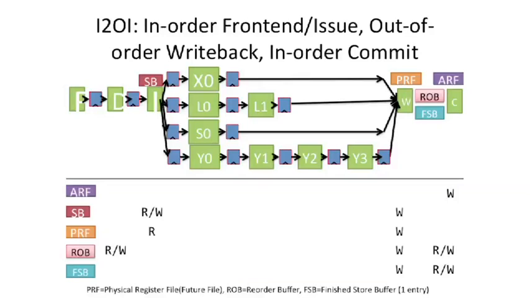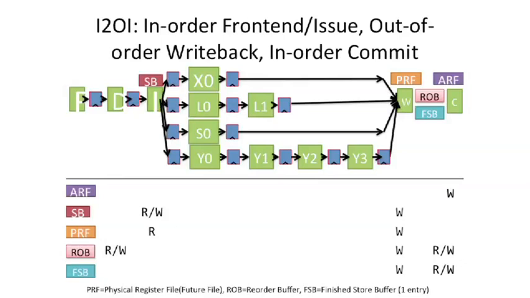So we had our architectural register file, which is our committed state to the processor. And we added a second register file, typically called a physical register file, or PRF. Sometimes people call this a future file. And you'll see that in the literature. There's some papers published about future files.